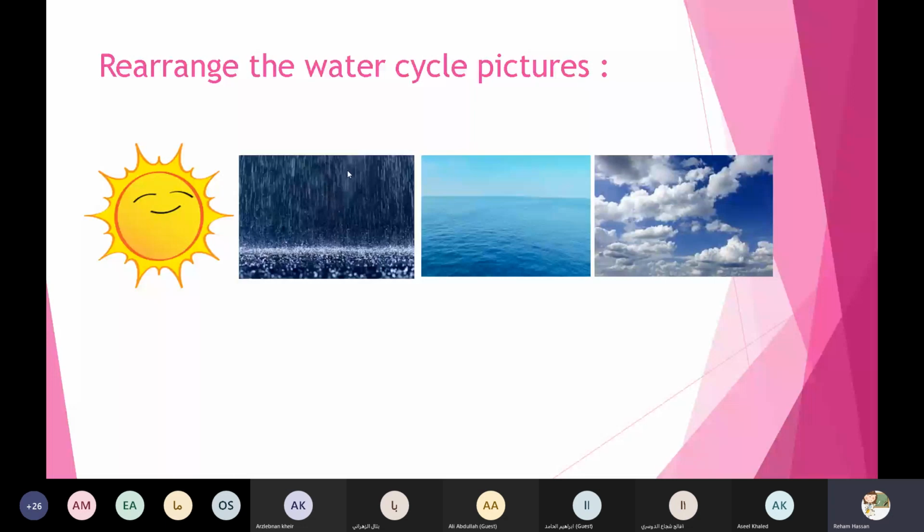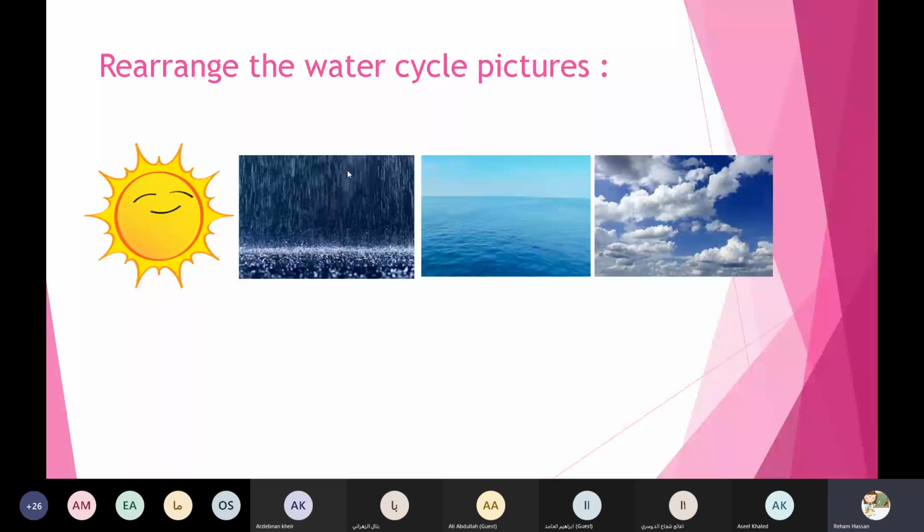The sun warms the land, the air and the water. As the sun warms the water, some water turns into water vapor. Water vapor is the water that goes up into the air. It is too small to see.